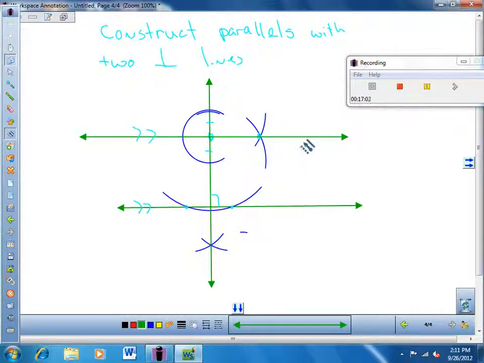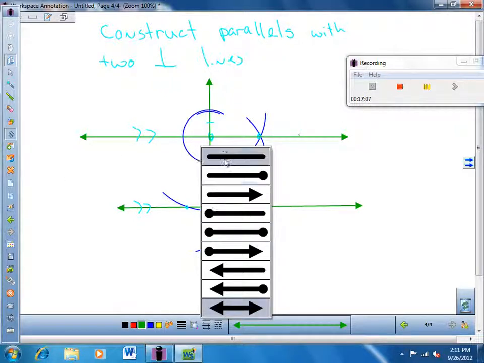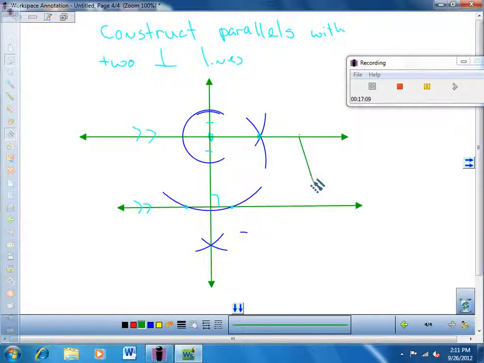If I drew one line segment from here to here, say they want that to be a certain length, and this to be another length over here, then I can make a trapezoid. There's a trapezoid, and so on and so forth.